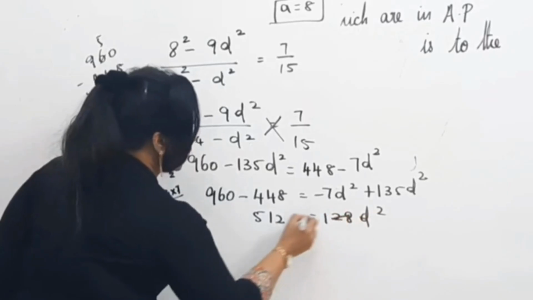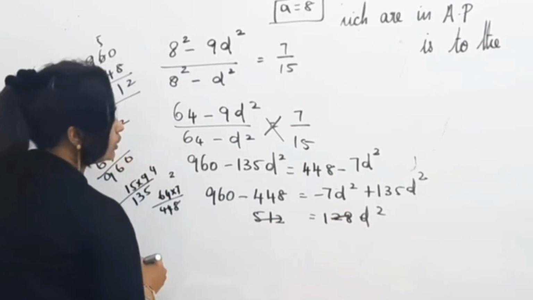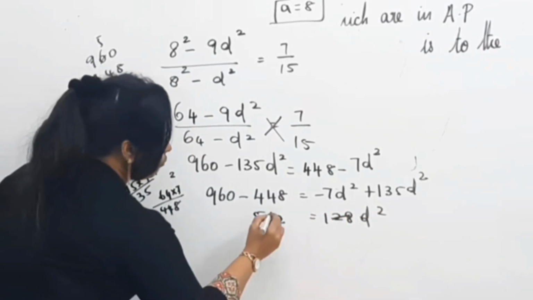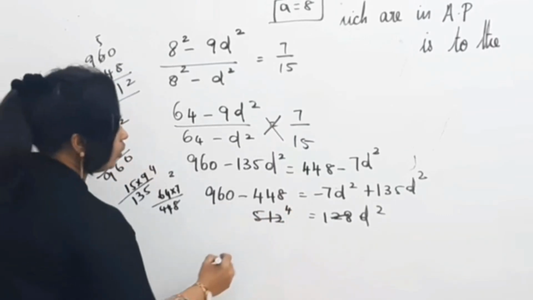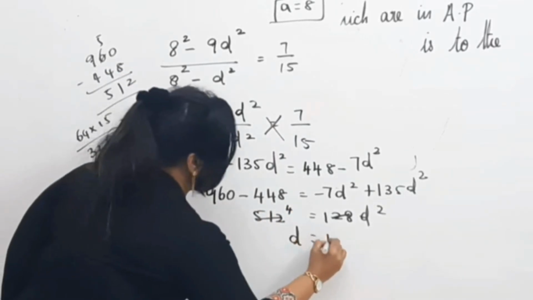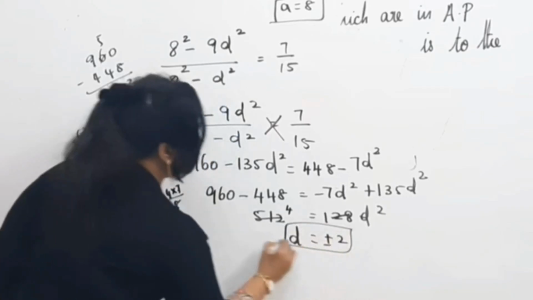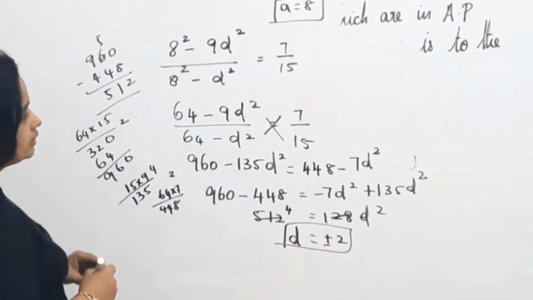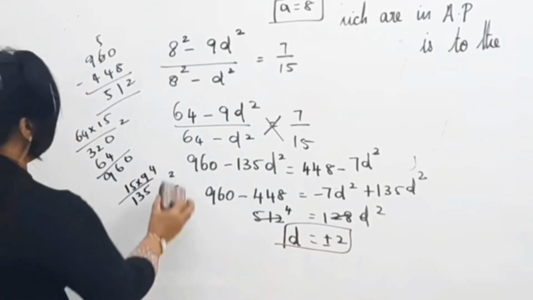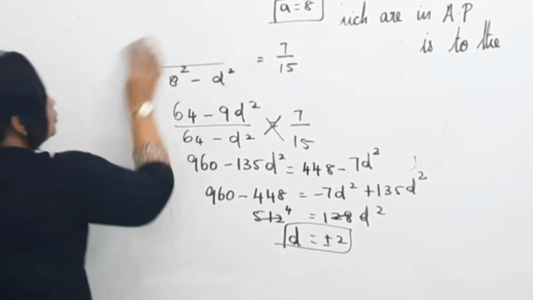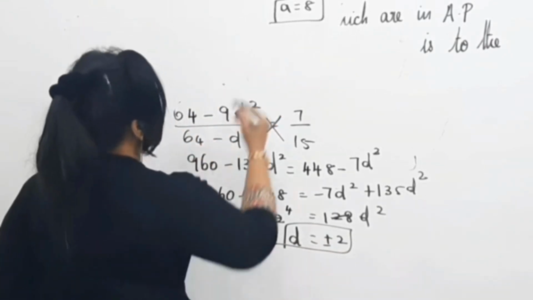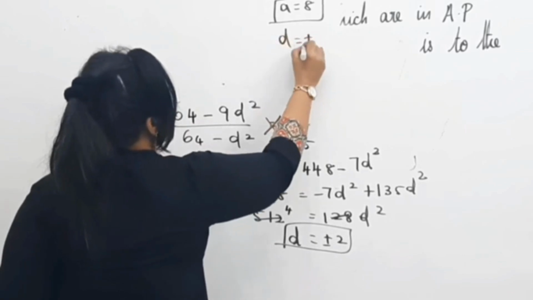So on cancellation, I would get 4. So 4 is equal to d square. So my d is equal to plus or minus 2.